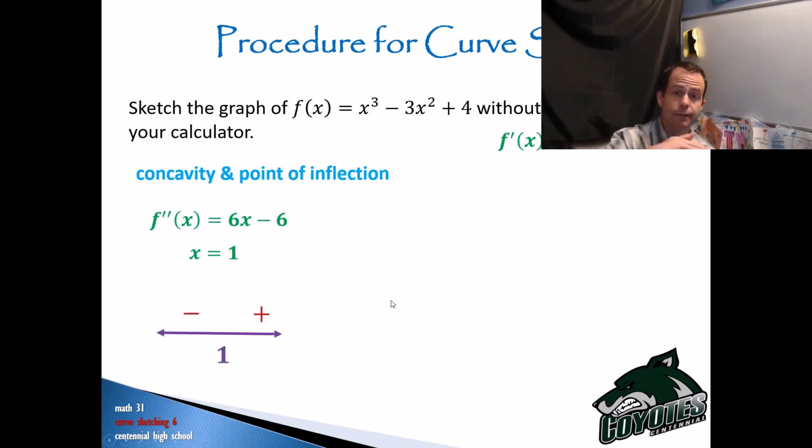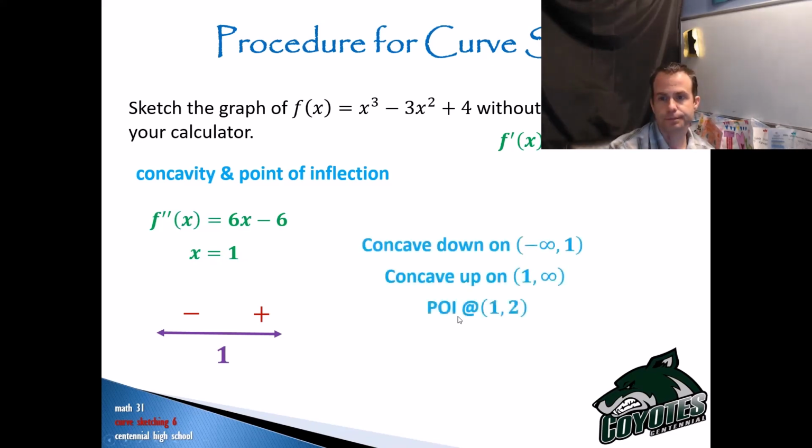I end up with negative on the left, positive on the right, which means I'm concaving down from -infinity to 1. I'm concaving up from 1 to infinity. It also means I have a point of inflection at 1. Plug 1 back into the original equation to get out your y value. So point of inflection at (1, 2).